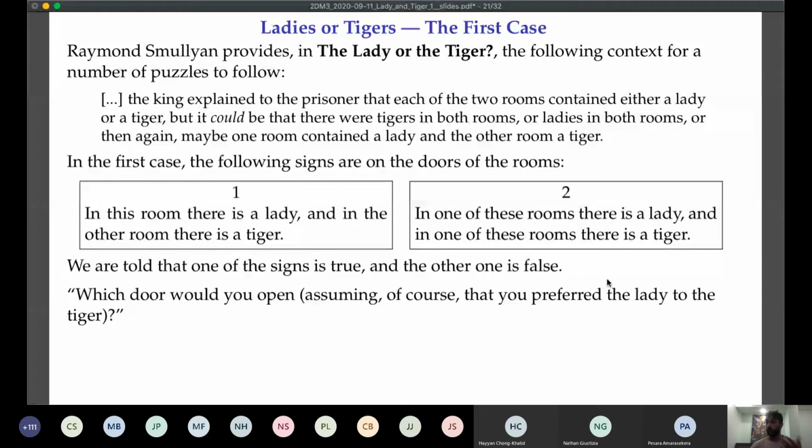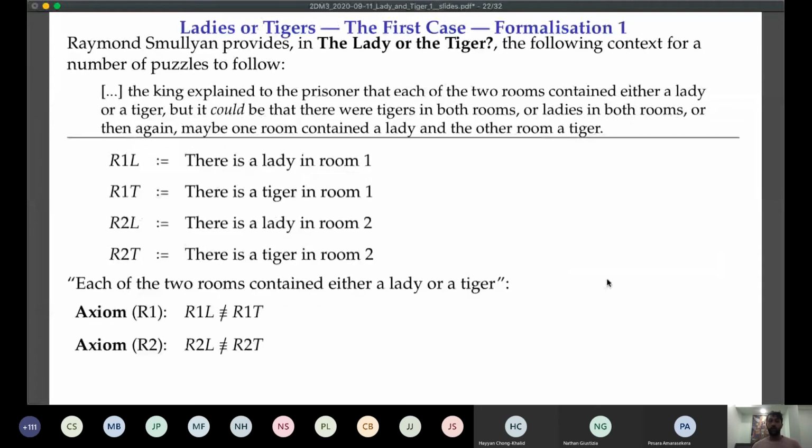So as we did before, we'll formalize first. We'll say R for a room, and then a number to indicate if we're talking about room 1 or room 2, and then we'll use a letter for lady or tiger. So R1T means room 1 has a tiger. Just simple variables to keep track of these things, a matrix, if you will. And we know that each of the rooms has a lady or a tiger.